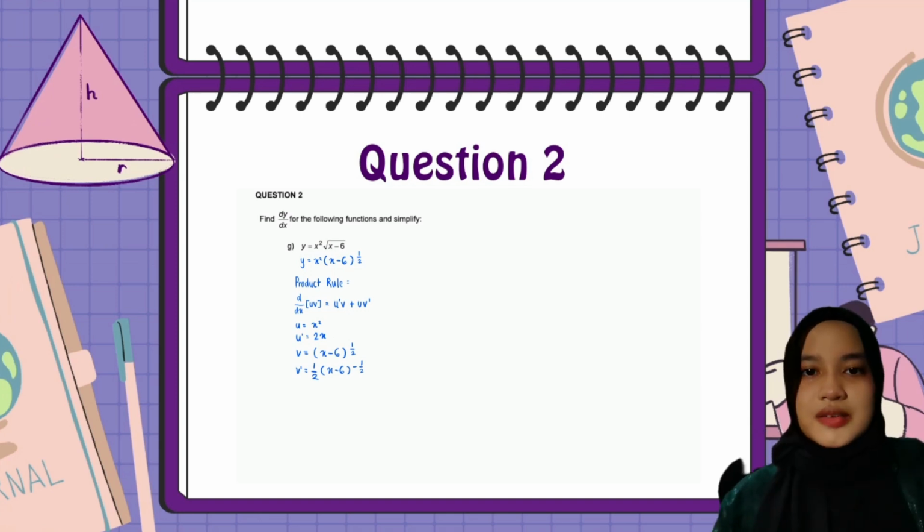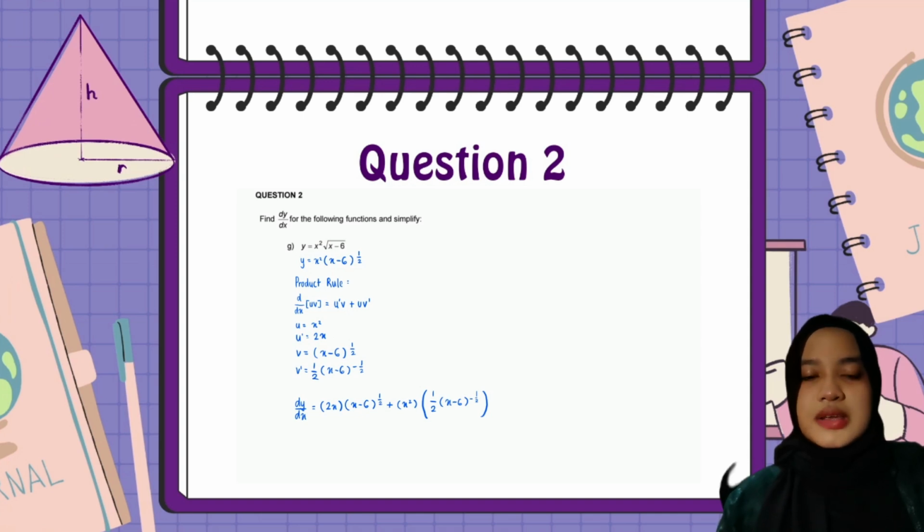Now let's substitute u prime, v, and v prime straight into our product rule formula, which is dy over dx equals (2x) multiplied by (x minus 6) to the power of 1 over 2, plus (x squared) multiplied by 1 over 2 times (x minus 6) to the power of negative 1 over 2.